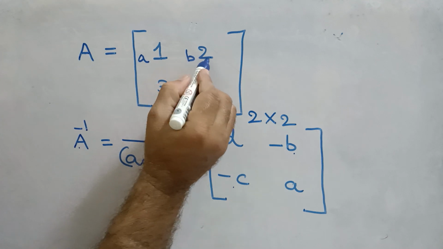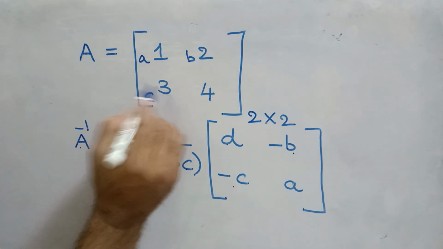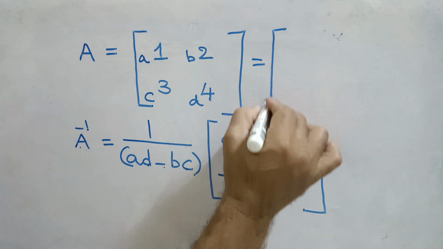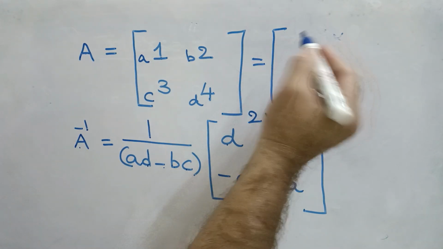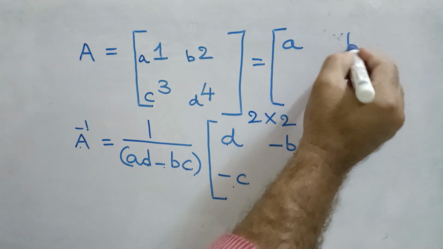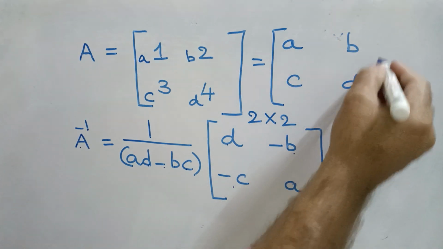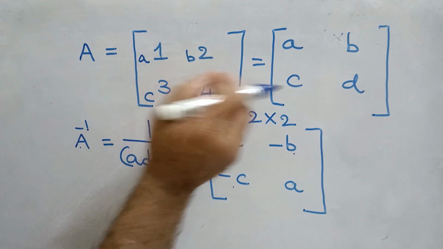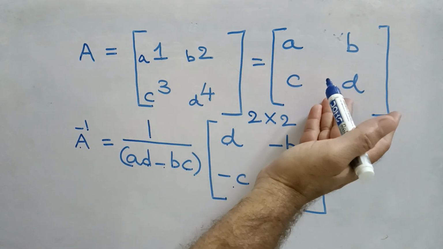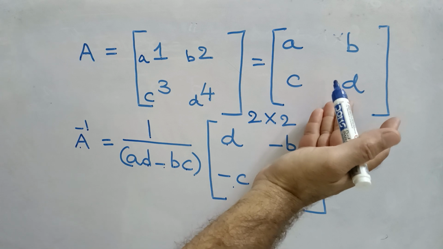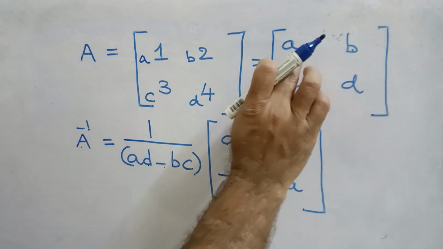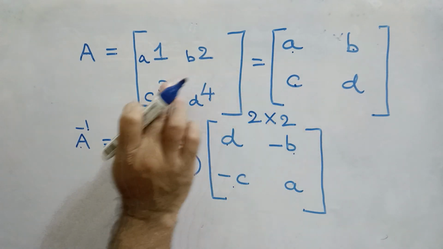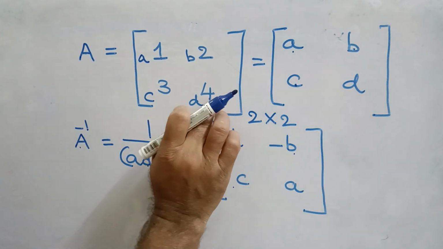Your B is equal to 2 and C is equal to 3 and D is equal to 4. If you can equate these normal elements, or in general A, B, C, D, with the basic matrix, then your A is nothing but 1, your B is nothing but 2, your C is nothing but 3, your D is nothing but 4.